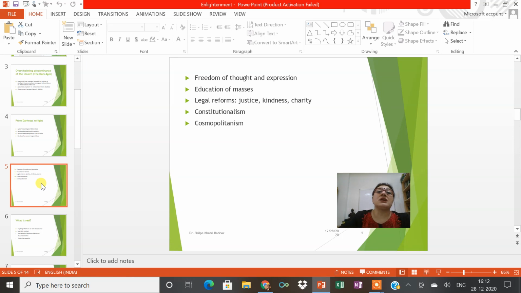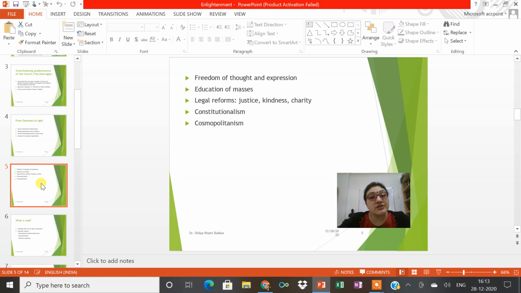And the last bullet says cosmopolitanism. So, cosmopolitanism is that ideology that all human beings belong to a single community, and this particular single community is bound by a shared morality. So, what is good for one is good for the other also, and what is bad for one is bad for the other also. So it was as if laying apart away from this vertical arrangement wherein there were different standards of morality for different estates.